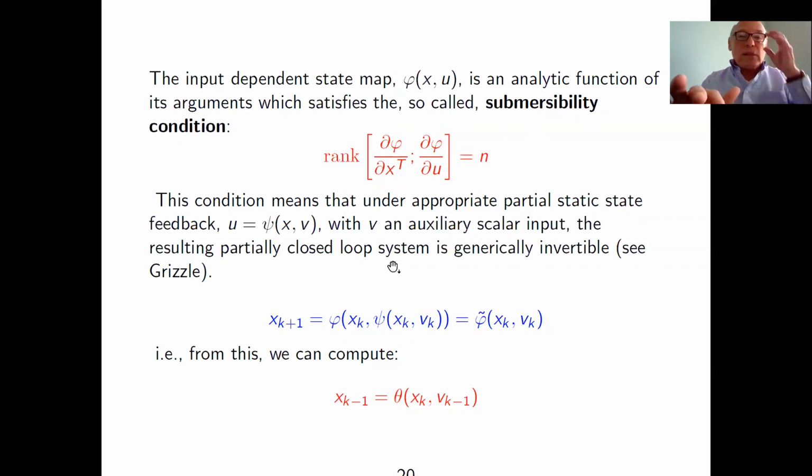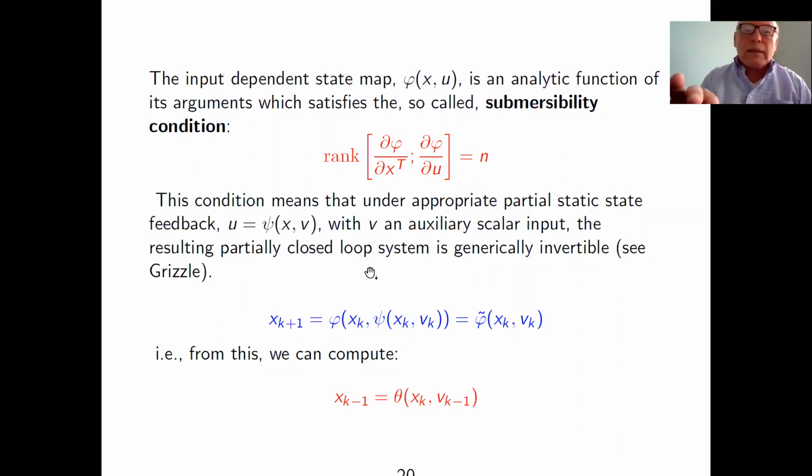In particular, for instance, the invertibility aspect is that you can have an appropriate partial static state feedback. That means you devise your control as a nonlinear function of the state and of an auxiliary control input. Let's assume you do that.